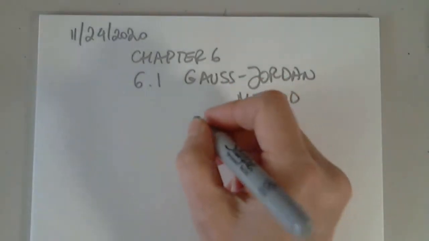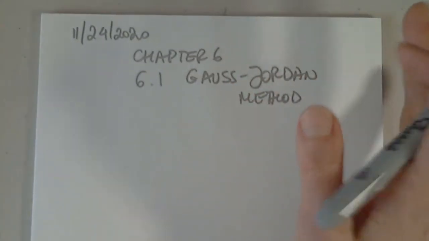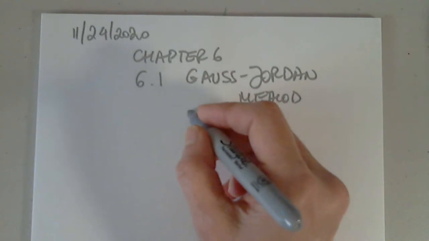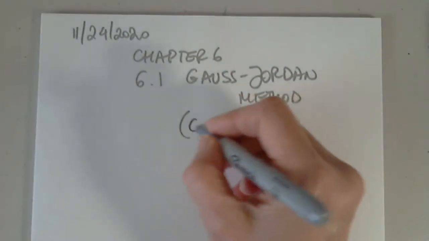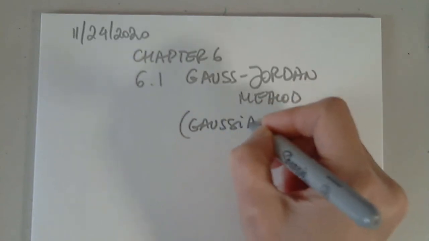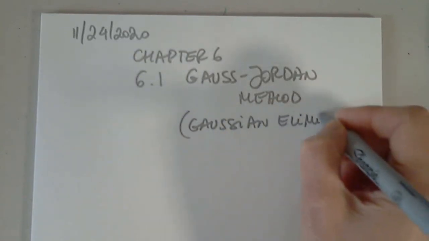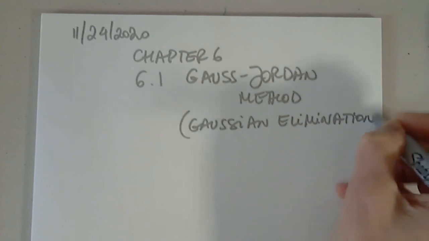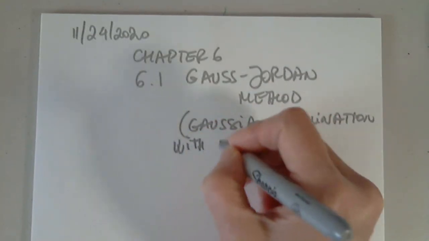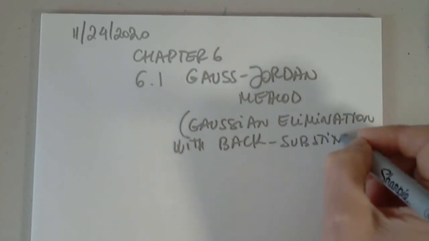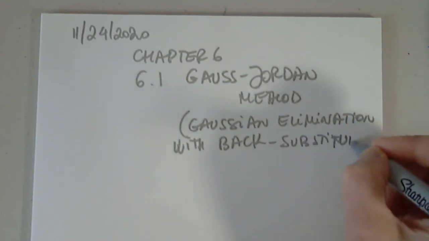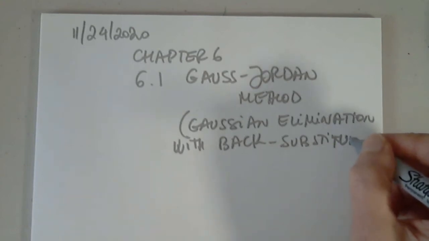I accept, if you prefer, I don't recommend it, but it's up to you. If you prefer, because you may have questions in MyLab Math, Gaussian elimination with back substitution.